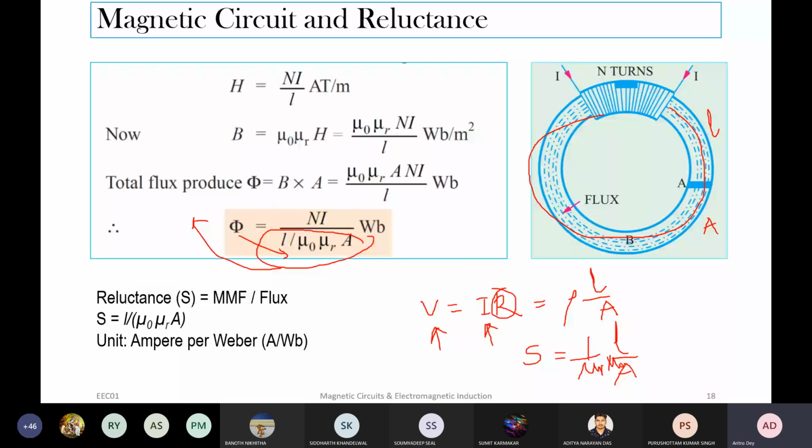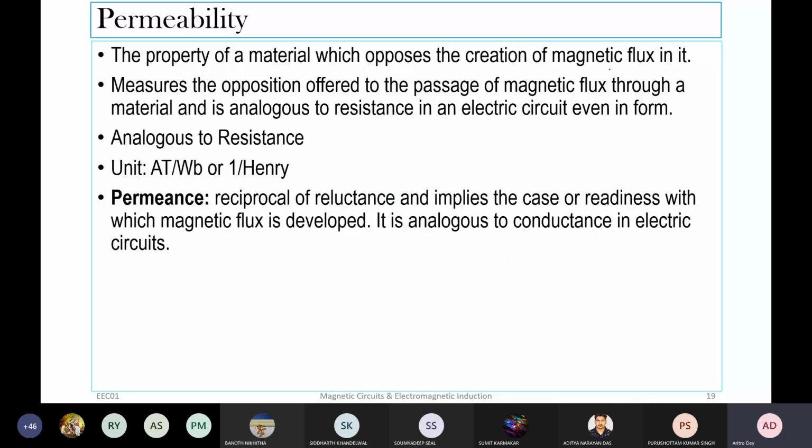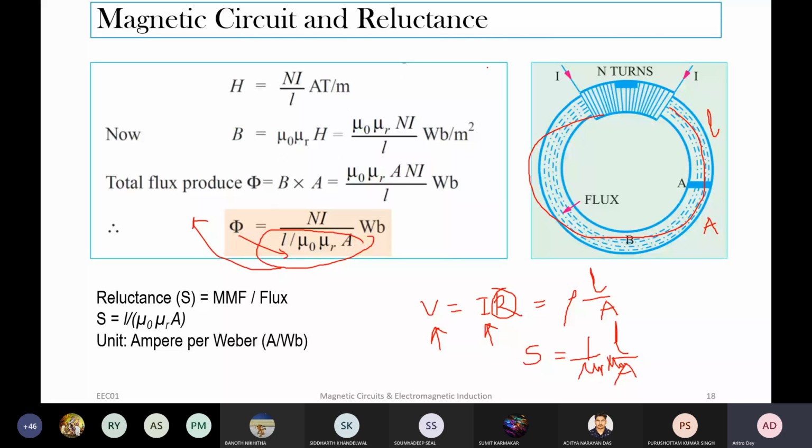What is permeability, we have already discussed. Nevertheless, we'll go through it once again. Reluctance is the property of the material which opposes the creation of magnetic flux in it. This is the 1 by permeability actually. Permeability is what allows the magnetic flux to flow through it, because reluctance is 1 by mu r, so the more it allows, the more its permeability is.